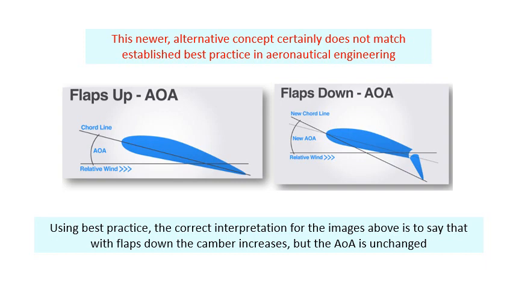So the newer alternative concept certainly does not match established best practice in aeronautical engineering. Using best practice, you would say that when the flaps go down, the camber increases, but the angle of attack is unchanged in these two pictures.